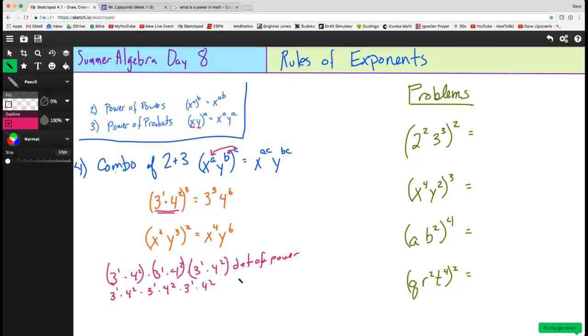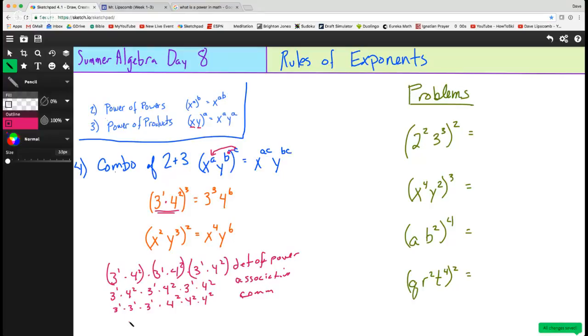So that's associative. Now I'm going to use my commutative. Put my 3's together, 3 to the first times 3 to the first times 3 to the first times 4 squared times 4 squared times 4 squared.